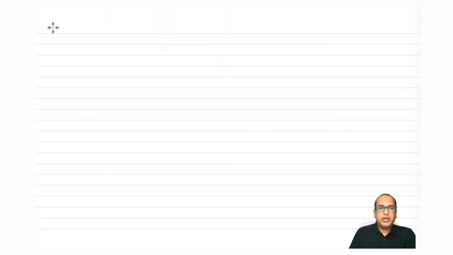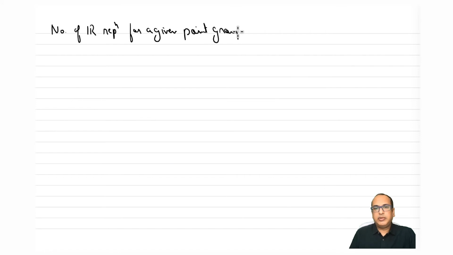What is that number? So the number of irreducible representations, so I will write IR for irreducible and REPN for representation, for a given point group is equal to the number of classes.